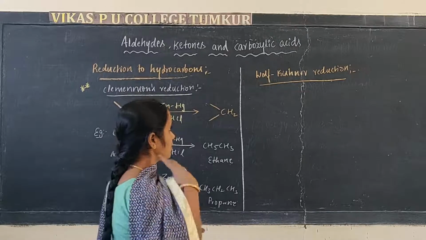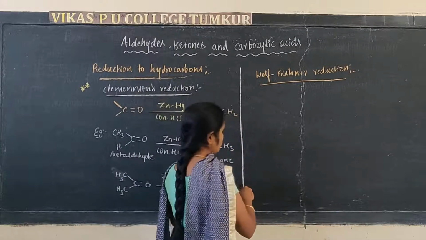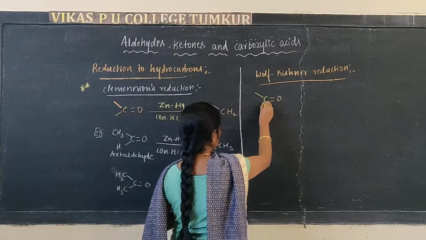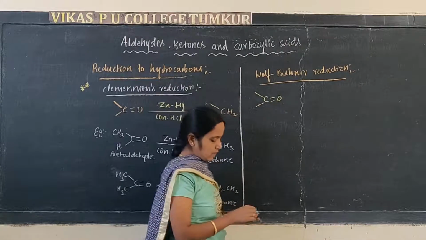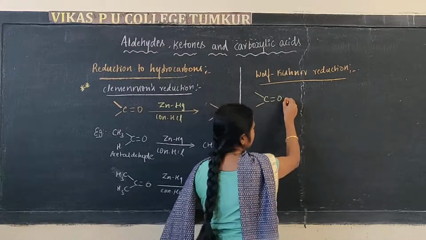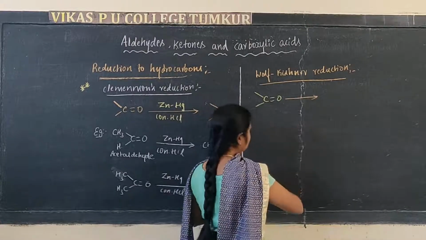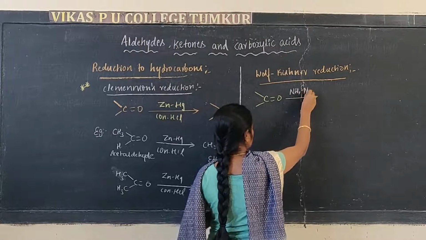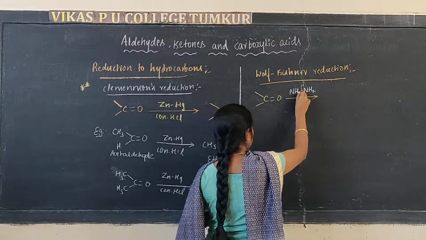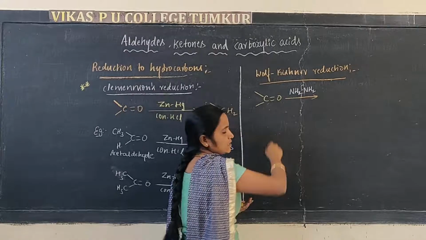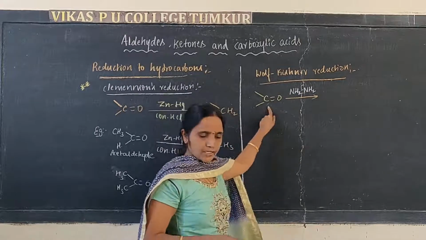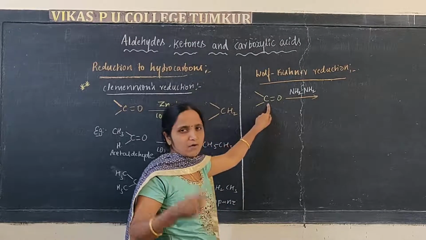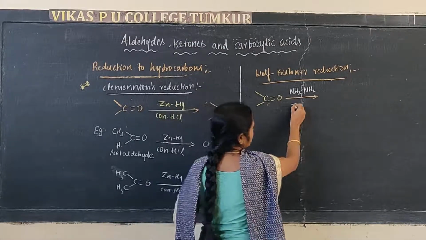First, the general representation of either an aldehyde or ketone is represented like this. This is treated with hydrazine, that is NH2NH2. When the aldehyde or ketone reacts with hydrazine, removal of water takes place.